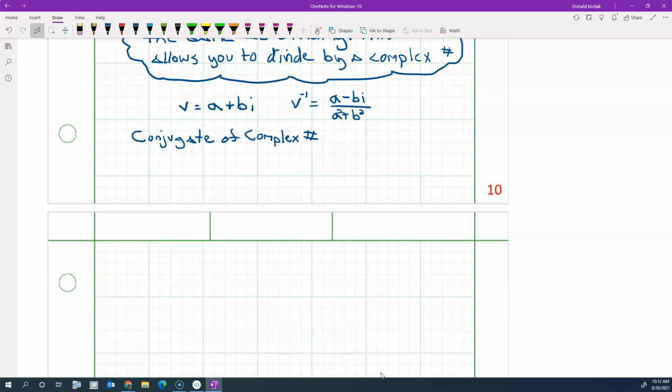The conjugate takes a complex number and turns it into a real number. So what this does is it transforms a complex number into a real number.